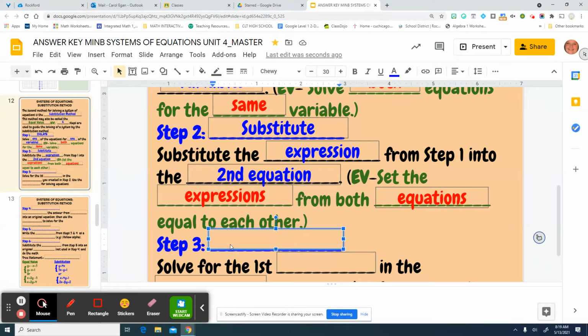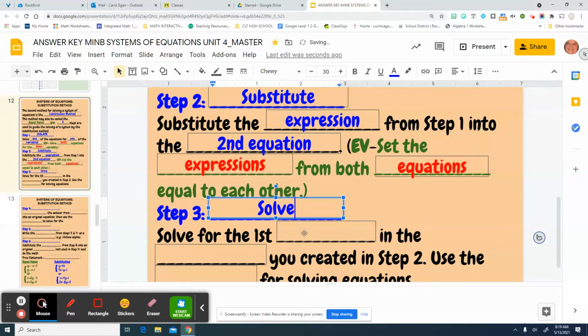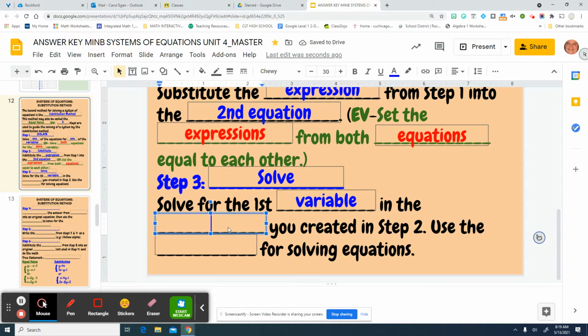So in step 3, after we've done that substitution, we're going to solve. And we're going to solve for the first variable in the equation we created in step 2.